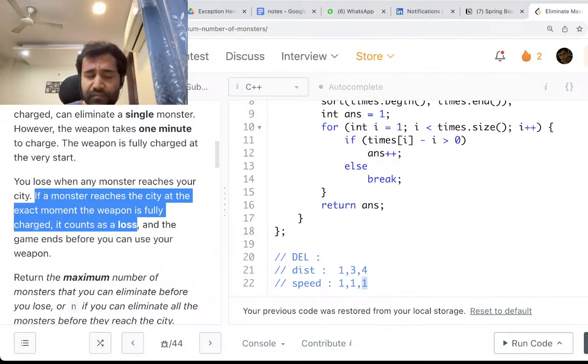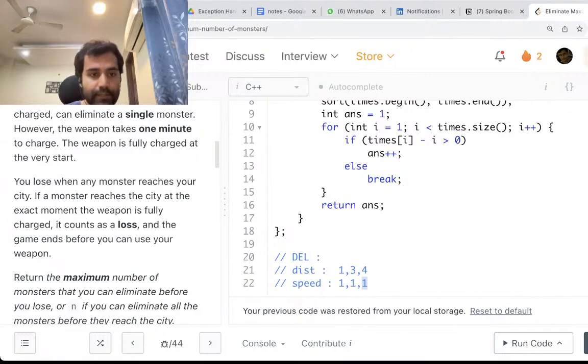So if at any instant of time the monster has arrived at the city, has touched the city, and during that time your weapon has completed its charging, then it will be considered that you have lost. And the game ends before you can use the weapon.